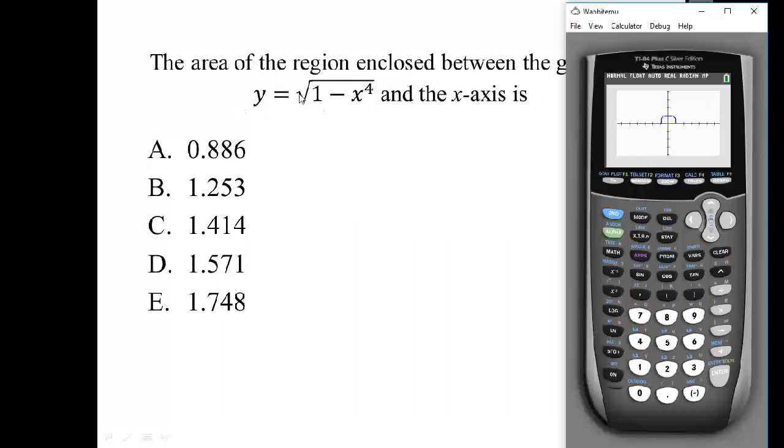So I want to find the area of the region enclosed, which means I'm going to go ahead and zoom in a little bit here. We'll do number 1, a Z box.